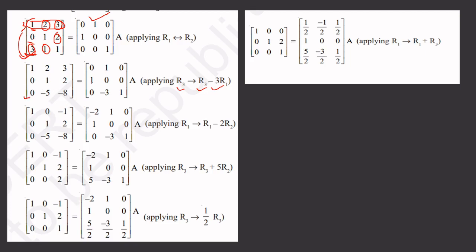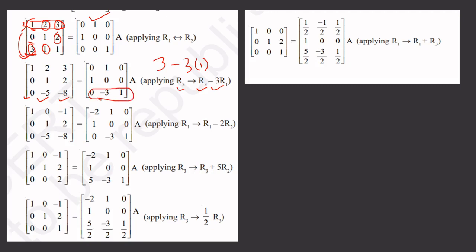How do we get 0 here? 3 minus 3 times the first element of the row, which is 1, and we get this 0. Simultaneously we change the others: 1 minus 3 times 2, which is 6, 1 minus 6 is minus 5. Similarly minus 8.